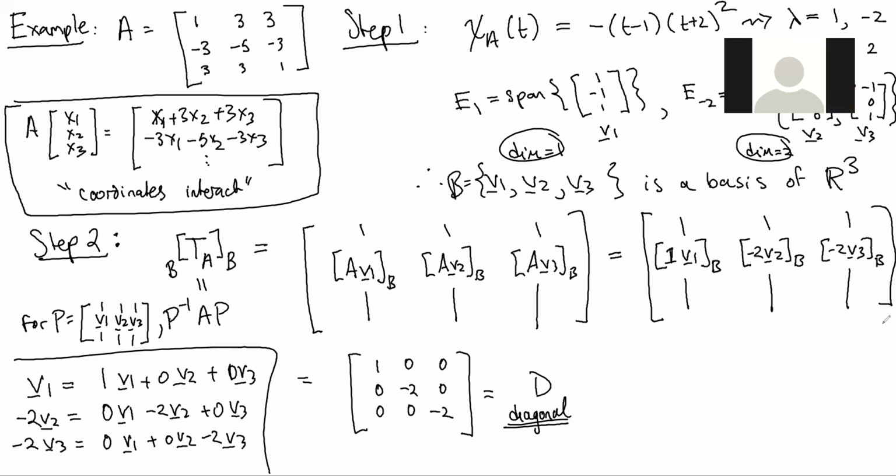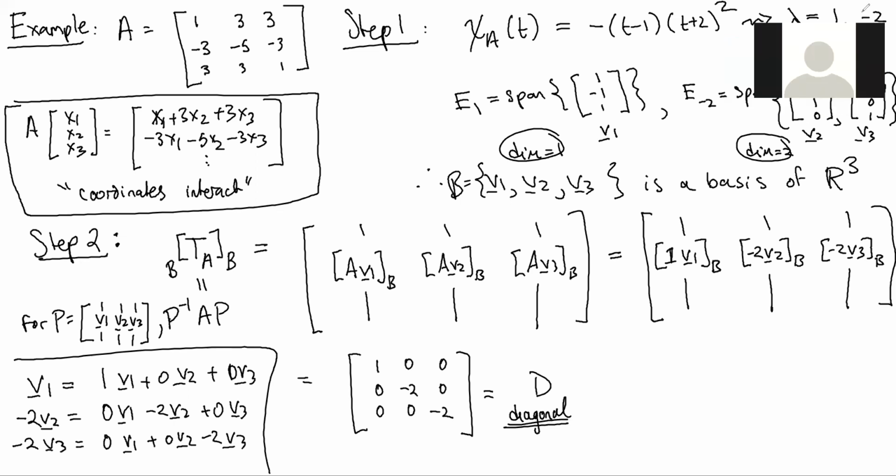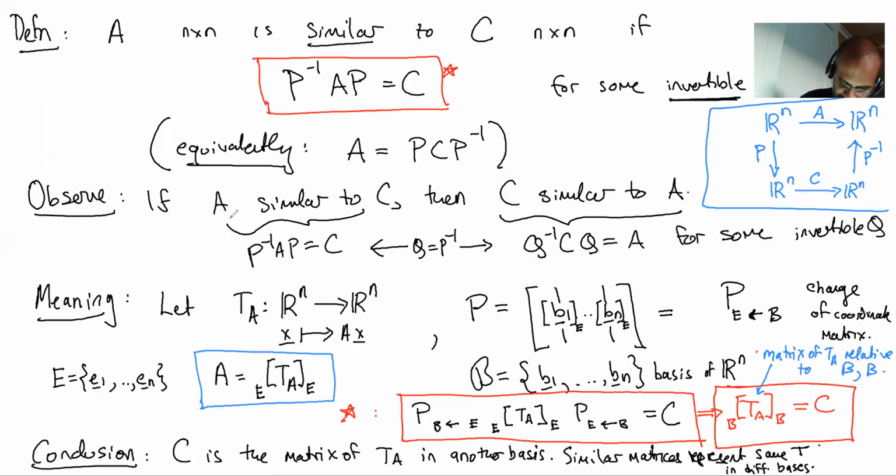And also, where does similarity play a part in this process? Well, what did I actually do here? I found the matrix of A in the B basis, right? But remember when we talked about similarity, we said, what does similarity mean? Well, it's the same as finding the matrix of multiplication by A in some other basis.